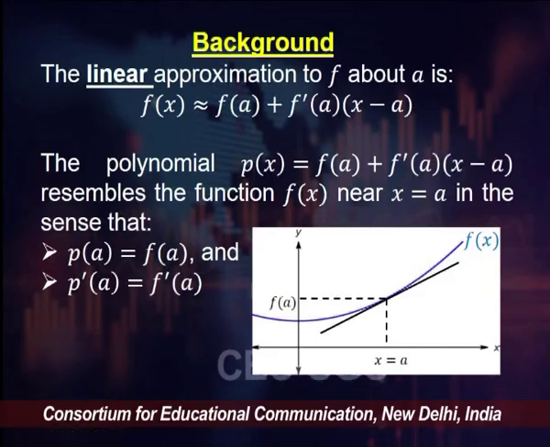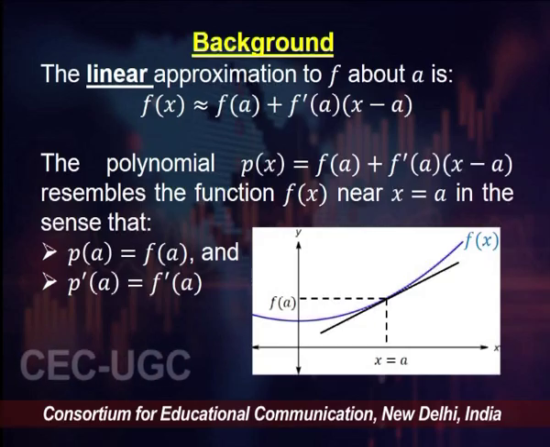In that sense, we would want the polynomial to coincide with the function not only in terms of the value, but also in terms of the first order derivative, the second order derivative, and higher order derivatives, depending on the order of the approximation that you are taking.